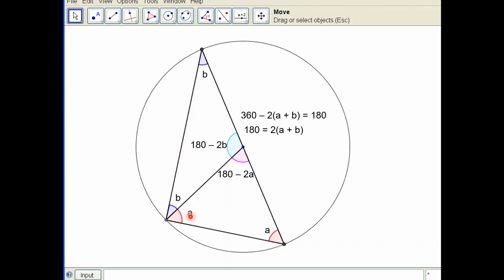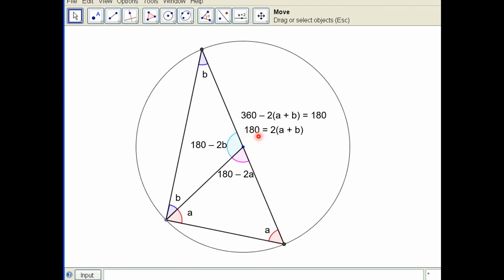So we have 2A plus 2B equal to 180 degrees. If we factorize 2 out, we have 2 times A plus B equal to what? 180 degrees. And if we expand, we have 2A plus 2B equal to 180 degrees, right?